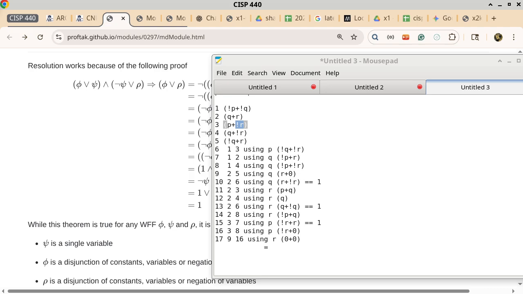So using the same pattern over here, it means whatever is left other than psi from the first disjunction and whatever is left not counting the not psi from the second disjunction, we'll just put those into one single disjunction, and that would be the result of applying resolution.